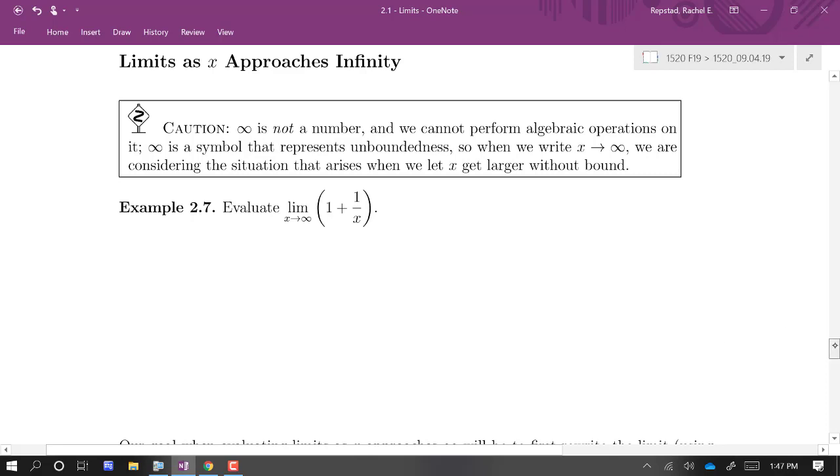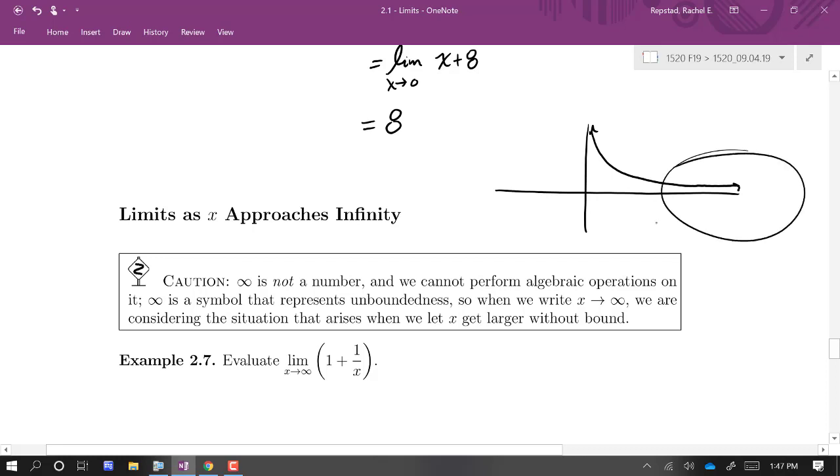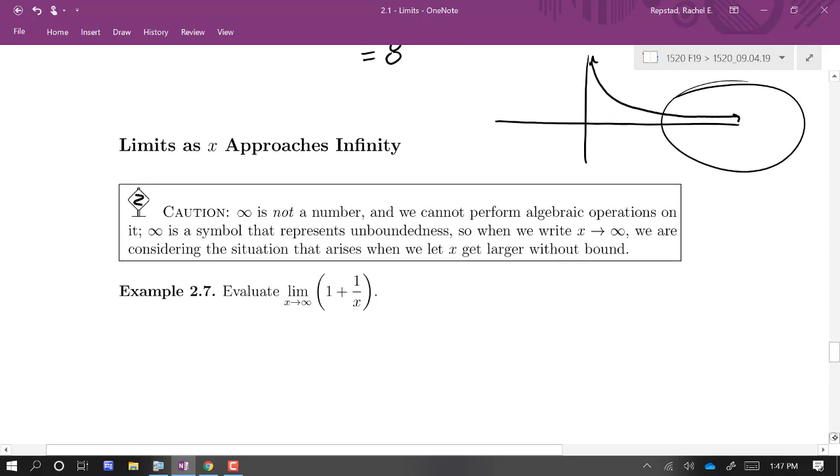And limits as x approaches infinity are like, what if I have a graph that looks like this, and as x gets huge, as x just gets bigger and bigger and bigger, does it level off and approach a particular value? And if it does, that's the limit. And if it doesn't, maybe it oscillates or maybe it blows up, then the limit doesn't exist.